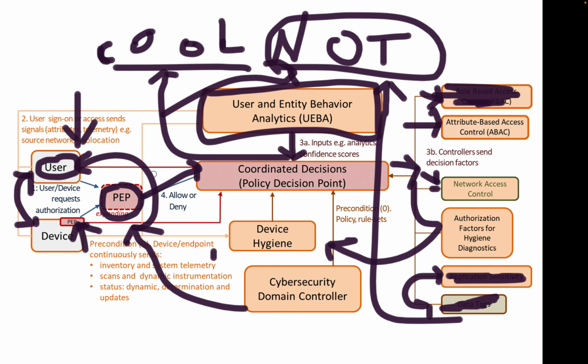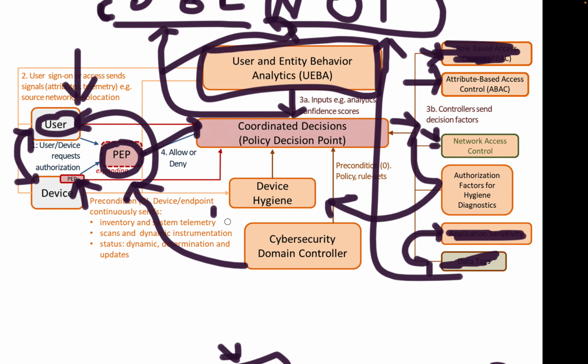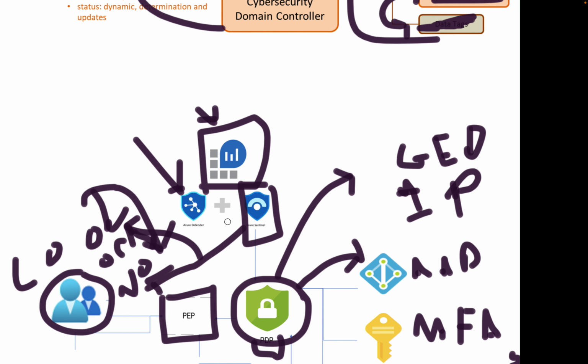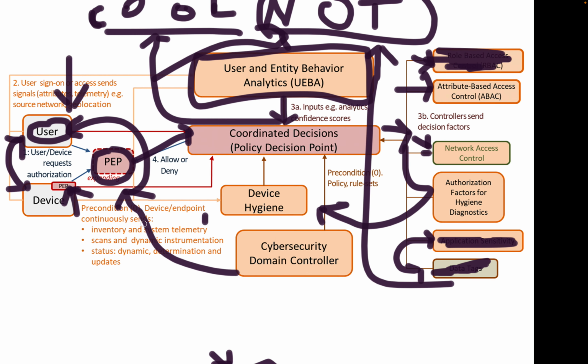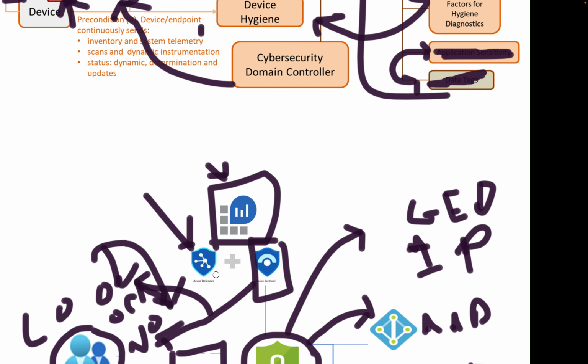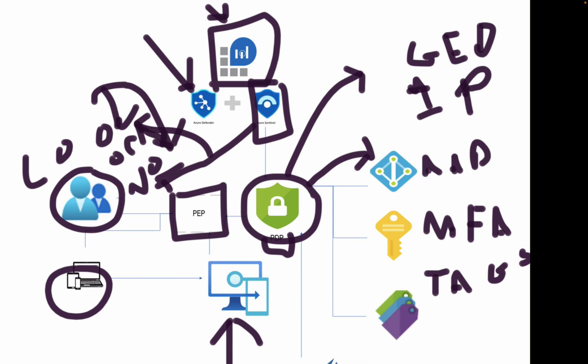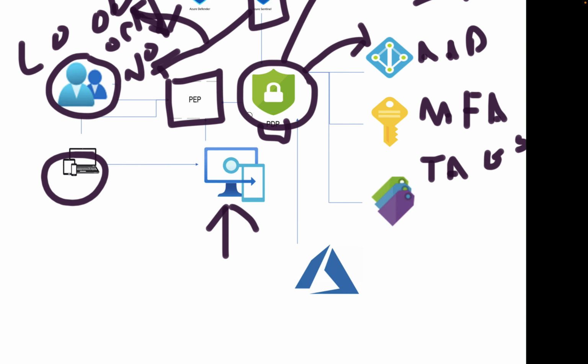You don't need to worry about that right now. We're going to talk about that later, okay? But Azure AD and the interaction with the system is going to feed into our UEBA and make those decisions if they're cool or not cool.